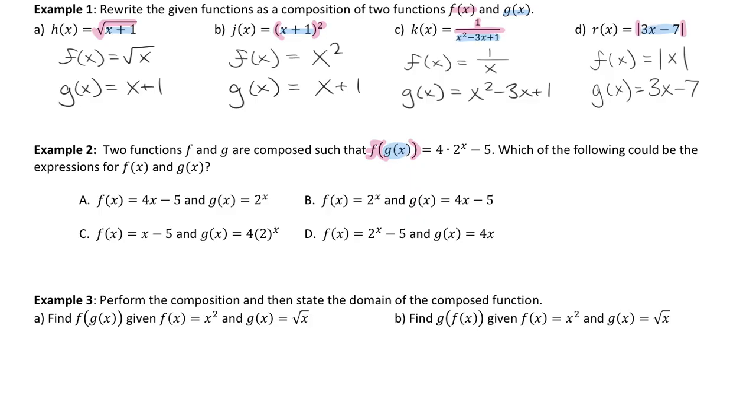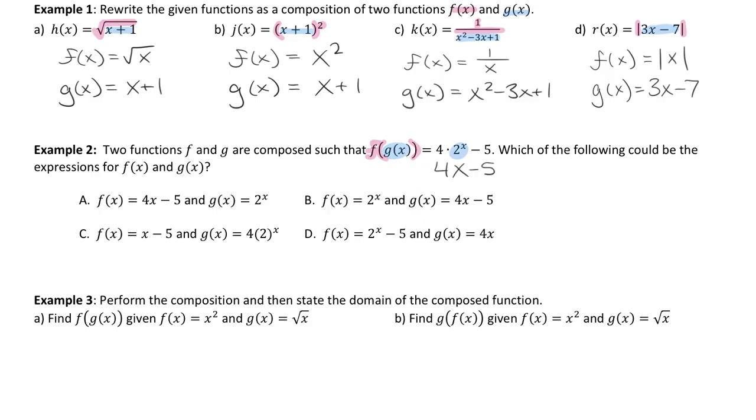Okay, so let's look at our actual expression here. What looks like it's plugged inside of something else? 2x minus 5. Super close. A little bit further. Wouldn't you say that this right here kind of looks like it's plugged into a 4x minus 5?